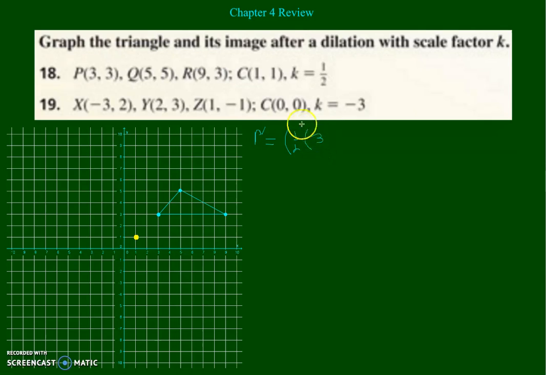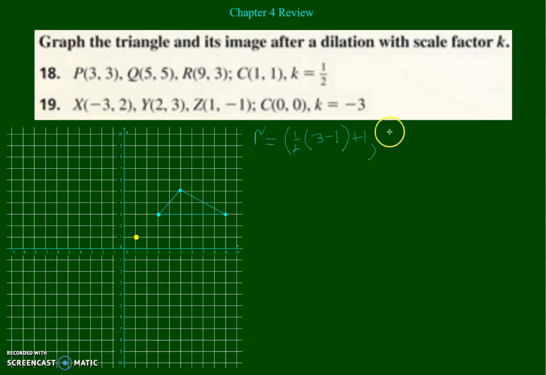We're going to subtract off the x-coordinate of our center. This is going to move this point to the left, getting it closer to the origin. So we subtract off the x-coordinate of our center. And then, once we've subtracted, we've moved it over to the origin, then we dilate the point by multiplying by the scale factor. Then we have to add back the point we subtracted off. So add 1.